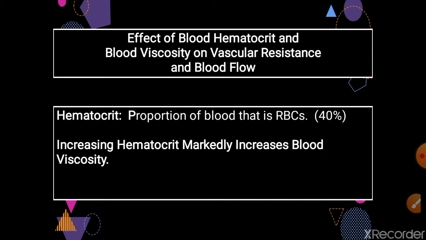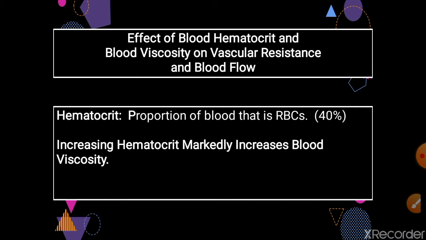Now let us study the effect of blood hematocrit and increased blood viscosity on resistance and blood flow. If you do not remember what hematocrit is, let me remind you, hematocrit is the portion of blood which is comprised of RBCs. This means if you allow the blood to settle in a test tube, the blood separates into 2 parts, the clear serum and the cells.